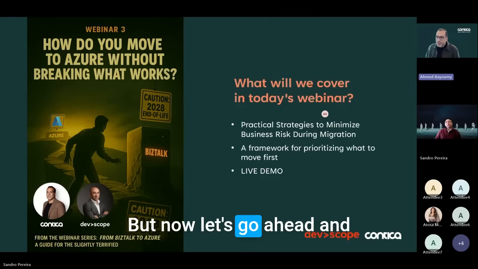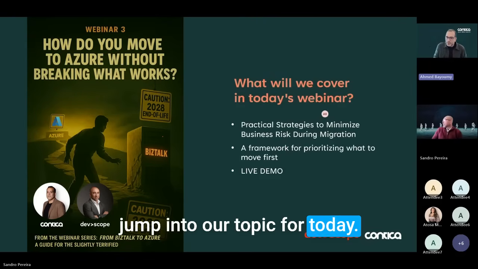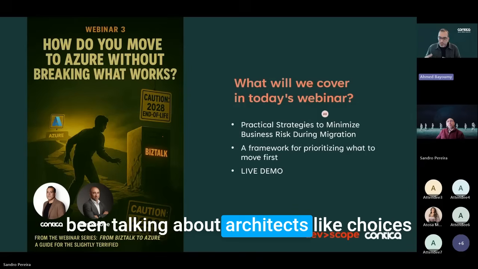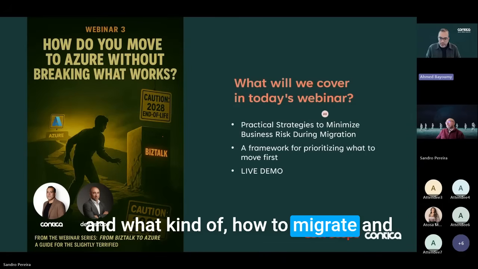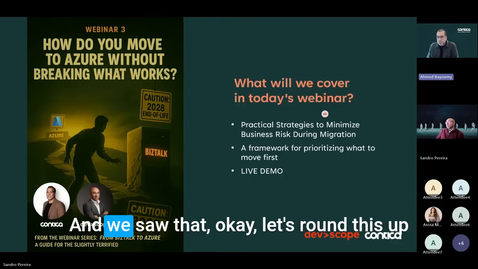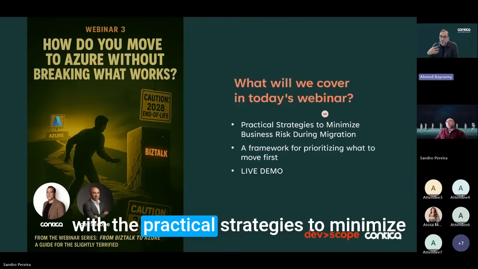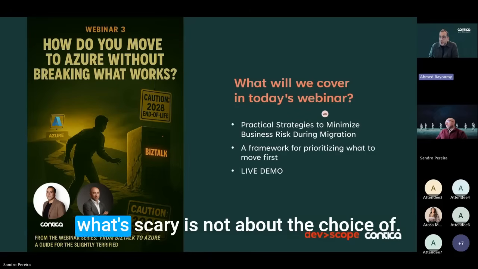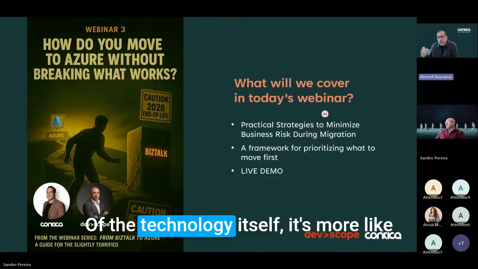Now let's jump into our topic for today. In the other webinars, we talked about architecture choices, how to migrate, and what kind of technology to choose. So let's round this up with practical strategies to minimize risks during migration, because what's scary is not the choice of the technology itself.